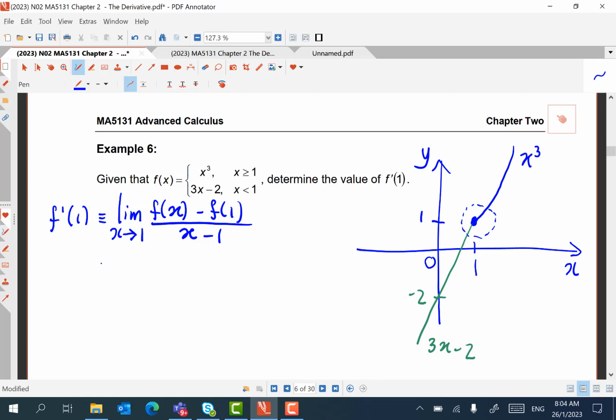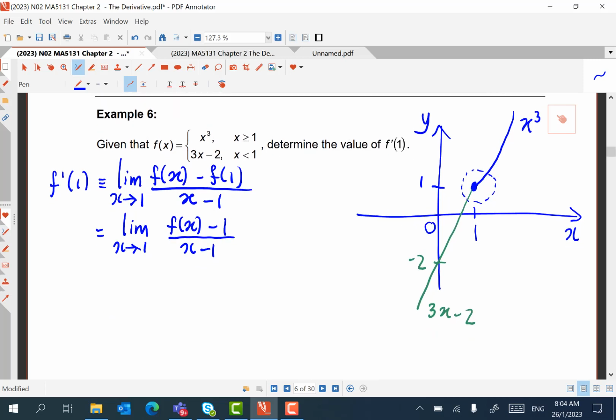We all know that based on the definition, f(1) is equal to 1 cubed, which is therefore 1. So now we are here.